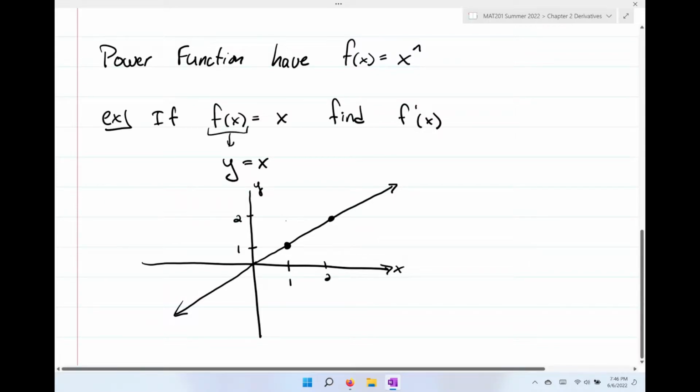And we can easily identify the slope of this because the slope would be 1 over 1. So f prime of x equals 1.